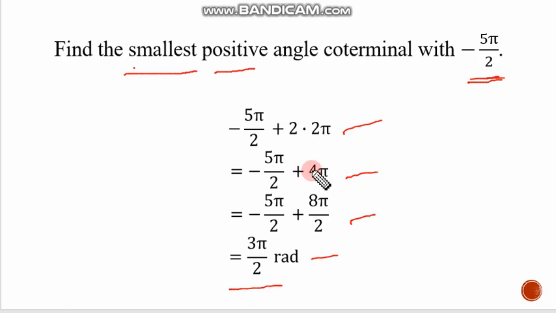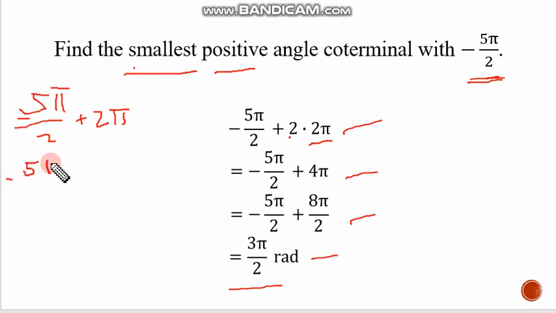But if we just add 2 pi, not twice: negative 5 pi over 2 plus 2 pi, that is negative 5 pi over 2 plus 4 pi over 2, which is equal to negative pi over 2.